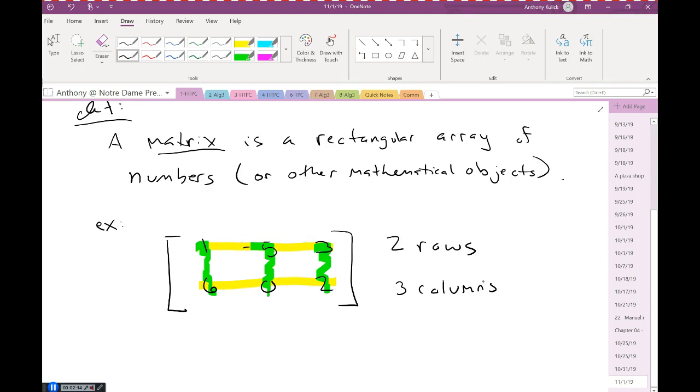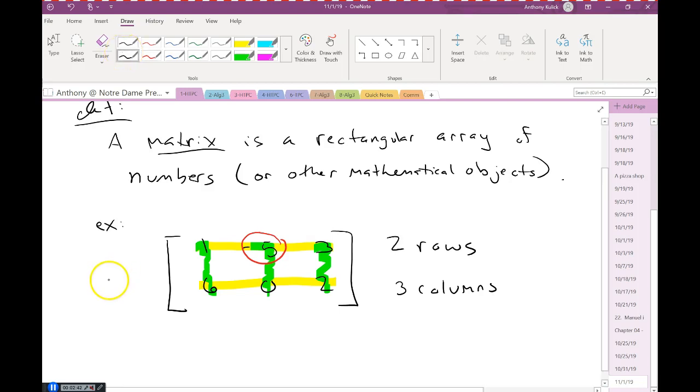So we can use that this matrix has 2 rows and 3 columns to describe the location of some of these numbers inside of our matrix. For example, if I'm interested in this number -5, we might want to describe where in the matrix this -5 occurs.